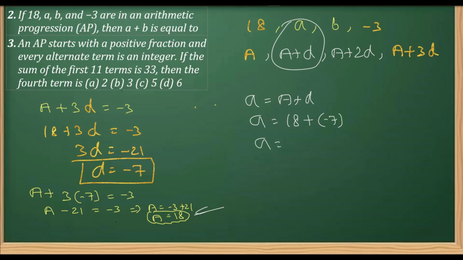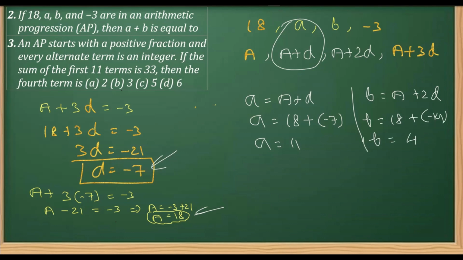Now over here, what is b? Well, you can use other ideas also, like adding the next term, but since I've proceeded like this, I'll complete. This is 18 plus 2 times D. 2 times D is minus 14. So b comes out to be 4.